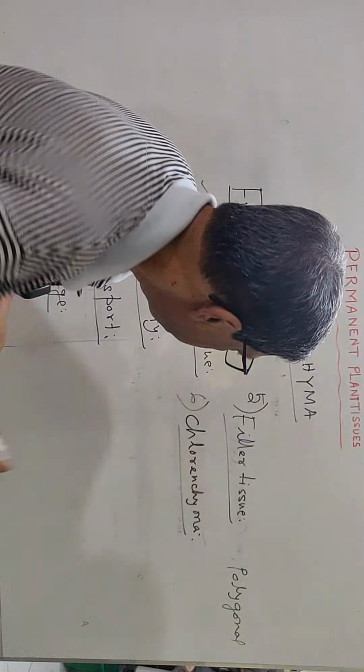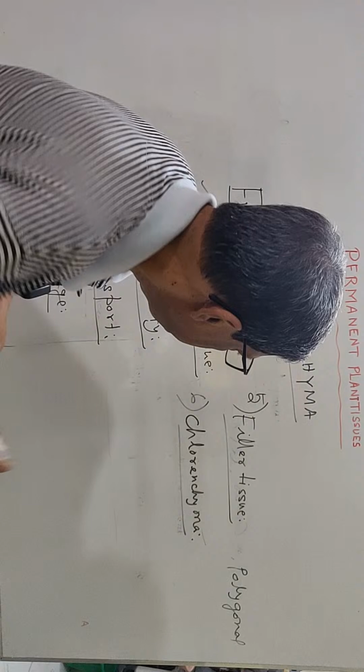Number 9, prosenchyma. The tip of this cell is needle-like and the wall is thickened. It is found in hypodermis of gymnosperms. It gives strength to the plant body.